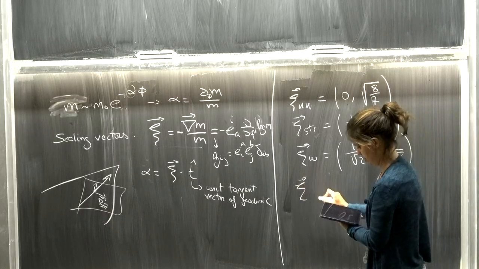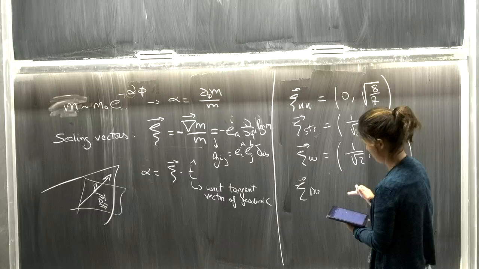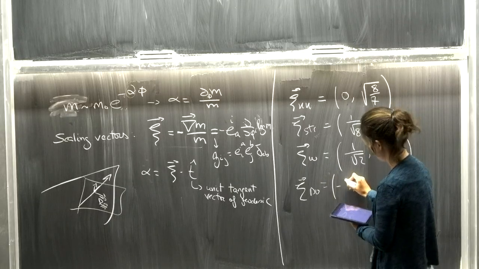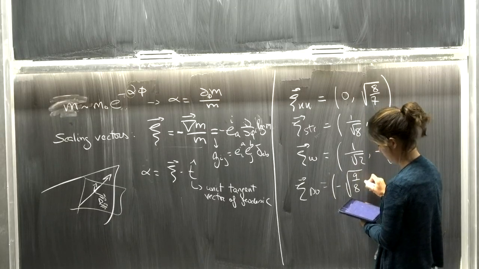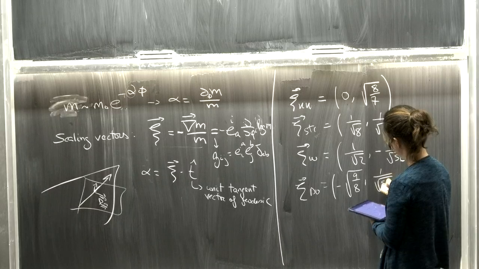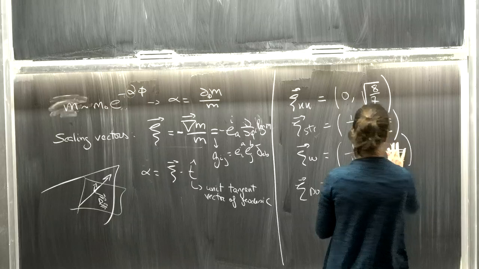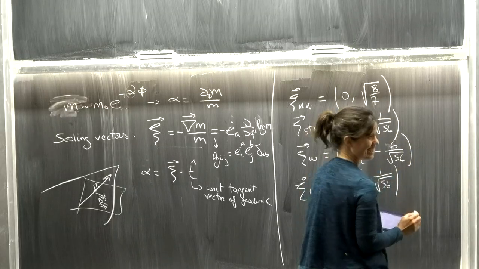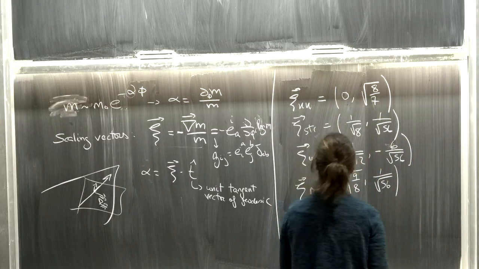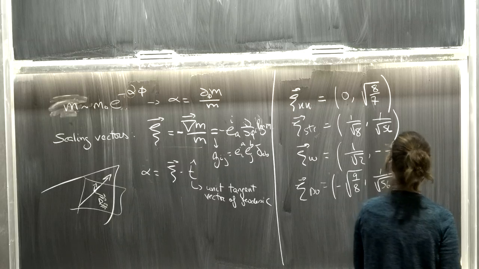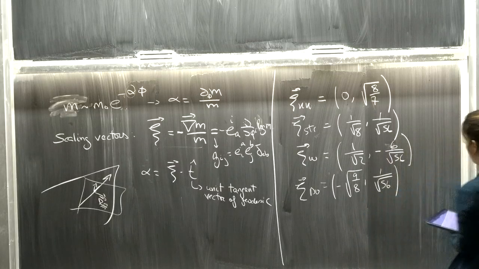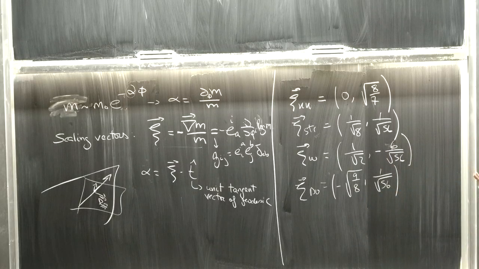And then for the D-zeros, it's just minus square root of 9 over 8, 1 over square root of 56. Okay? Yes? For the winding one, why isn't it minus 6 over square root of 56? Sorry, it was my mistake. It should be that. Very good, thanks. The rest are fine, right? Yes. Okay, so far so good?